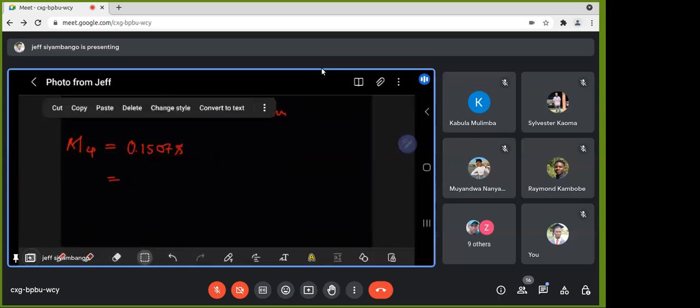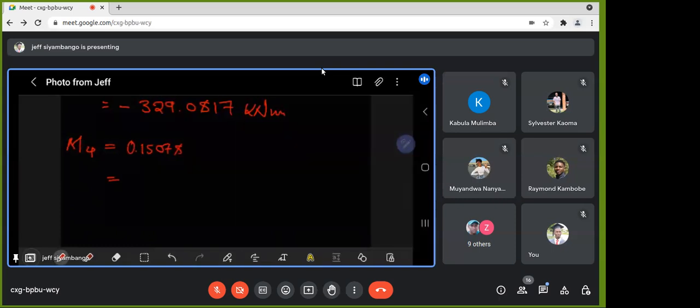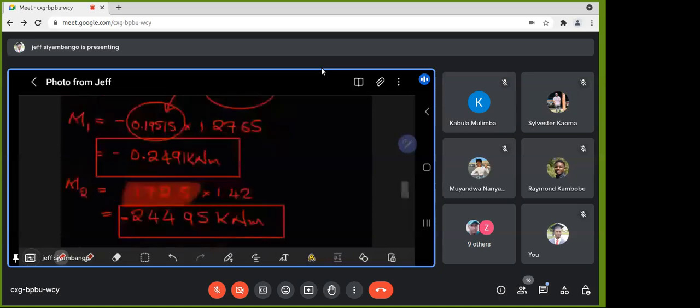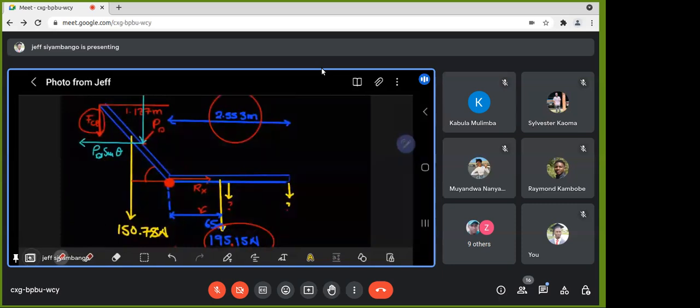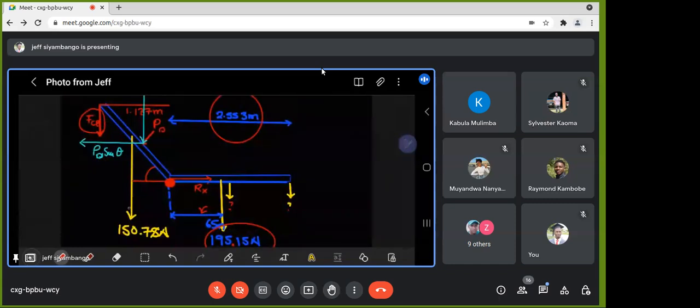So since now it is in kilonewtons, we are multiplying this by the distance. What will be the distance for this one? The distance will have to be from here to here. Do you know what this distance will be? Which distance? For the weight here. The weight was located right on the center of this section CE. So we now need the distance.